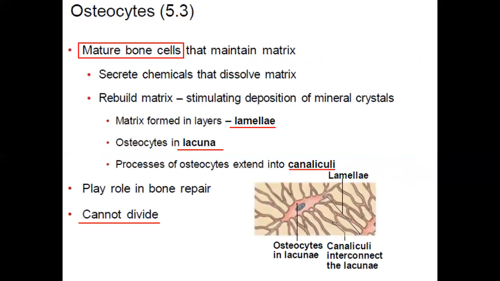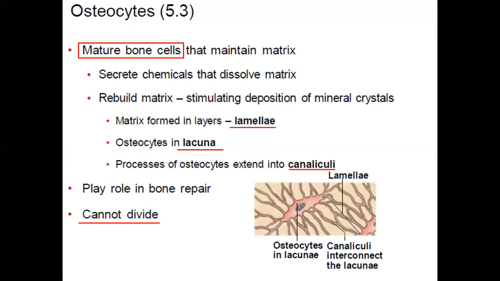An osteocyte is a mature bone cell, and that mature bone cell maintains what's called the matrix of bone. And the matrix is basically every component of bone that makes bone what bone is. So the calcium stored as calcium phosphate crystals, and the collagen fibers, everything around the collagen is basically the matrix of bone.